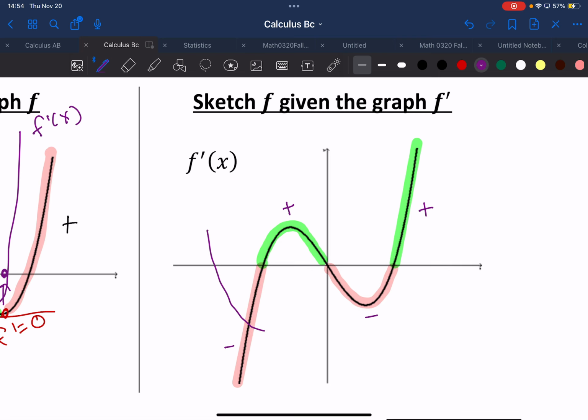Then the next part, the part that I did green above the x-axis, is positive, so I know my function is going to start to go back up. Okay, the next part is negative, so I know it's going to go back down. And then the last part's positive, so I know it's going to go back up. Okay, this is our function of f.